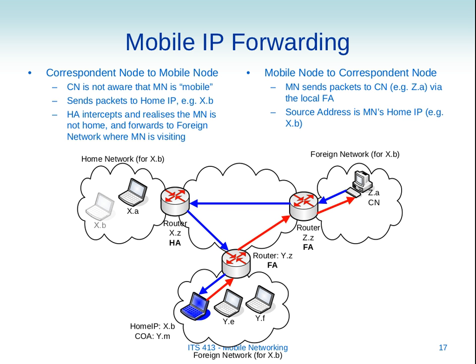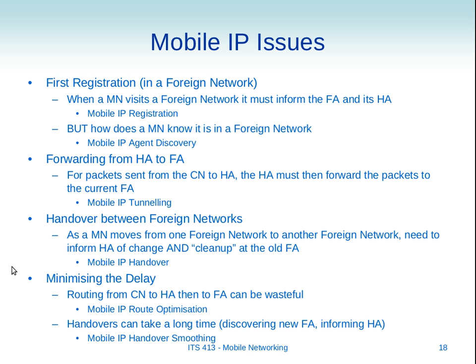We went through the main mechanisms. So what we started on was going through an example to illustrate them. So we went through forwarding, the issues that arise: how do we learn about a foreign agent when we visit a network, how do we register with a foreign agent, how do we use tunneling.